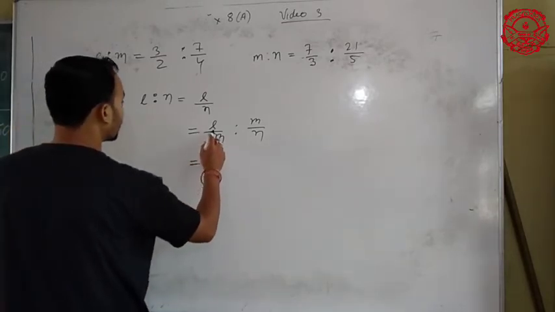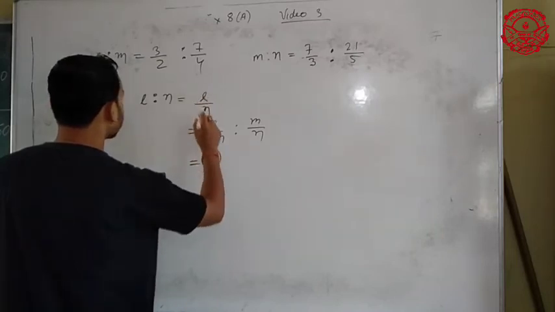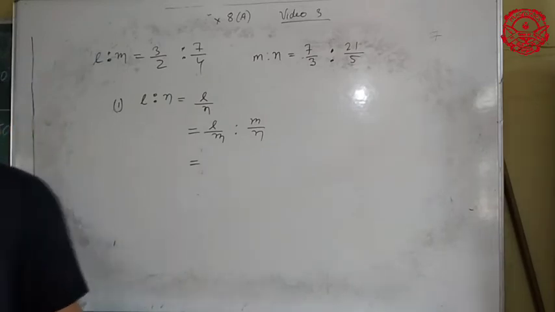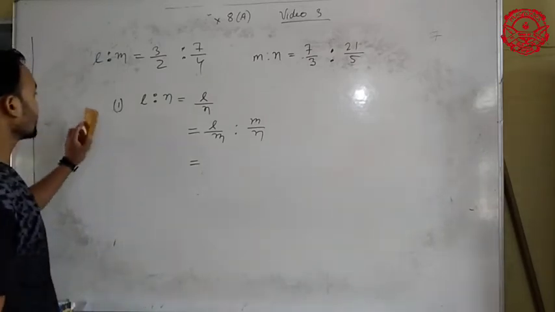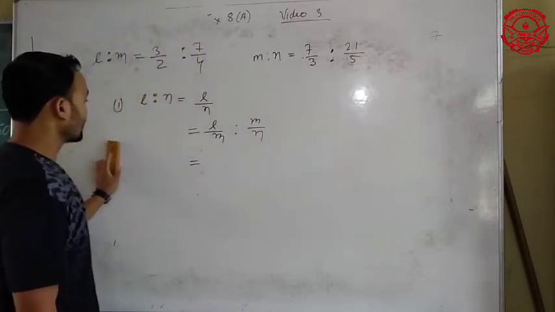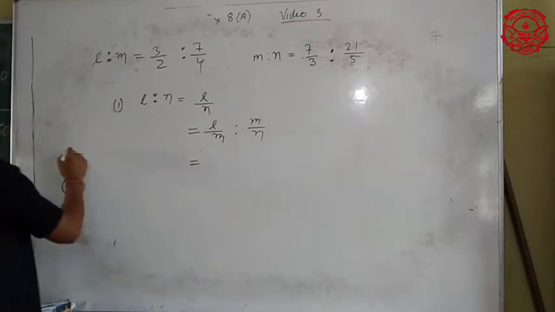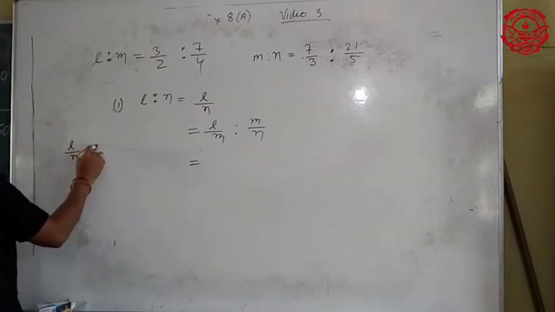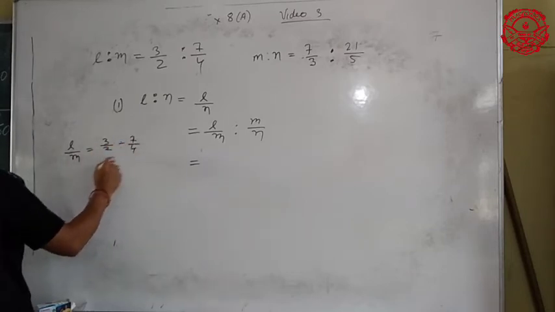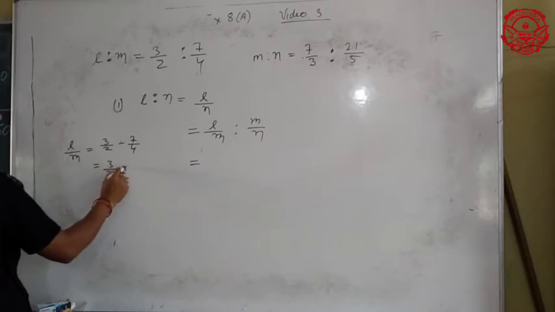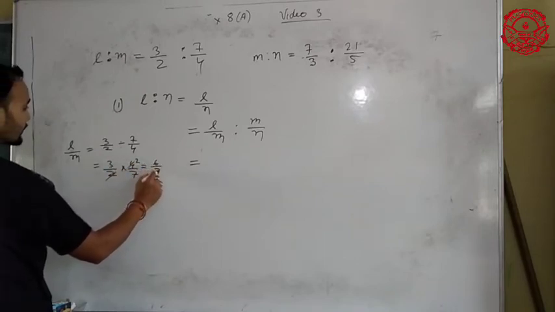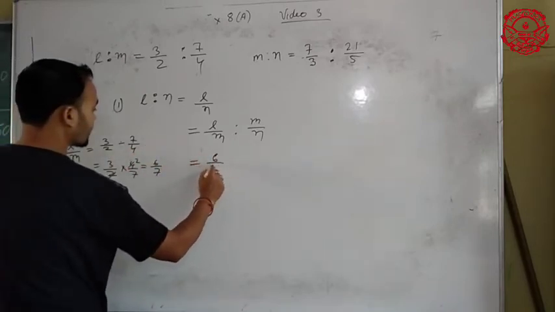L by M is 3 by 2 divided by 7 by 4, that is 3 by 2 into 4 by 7, which is 6 by 7. Now L by M is coming out as 6 by 7.